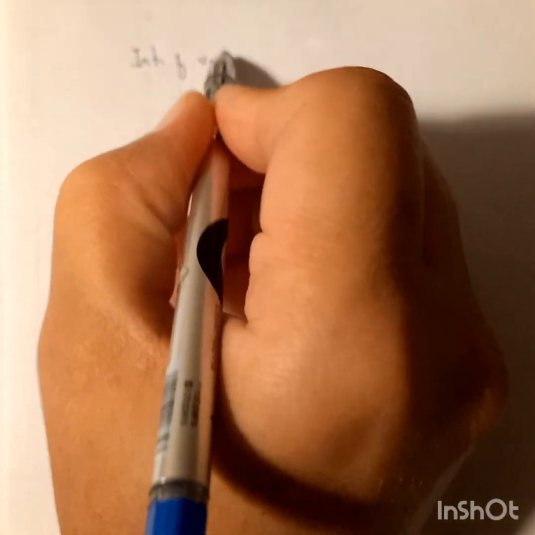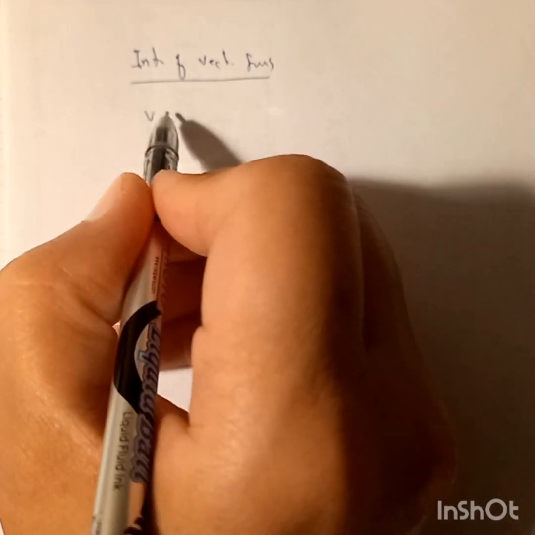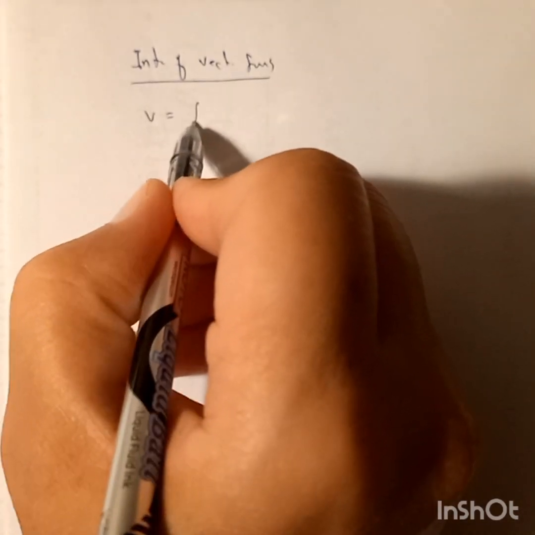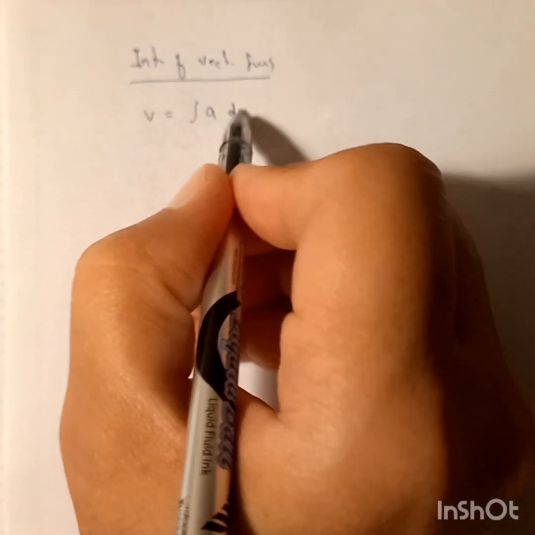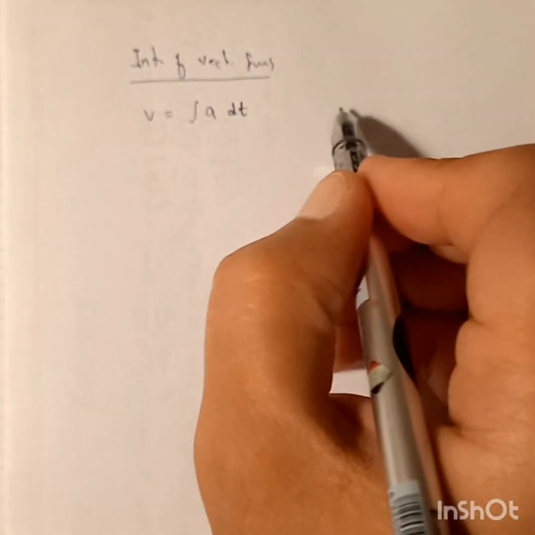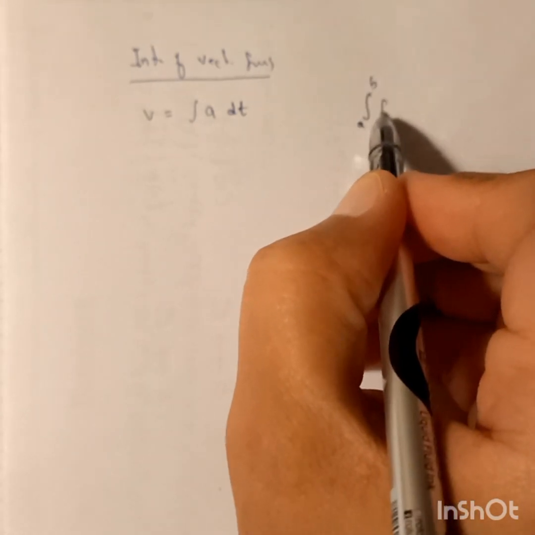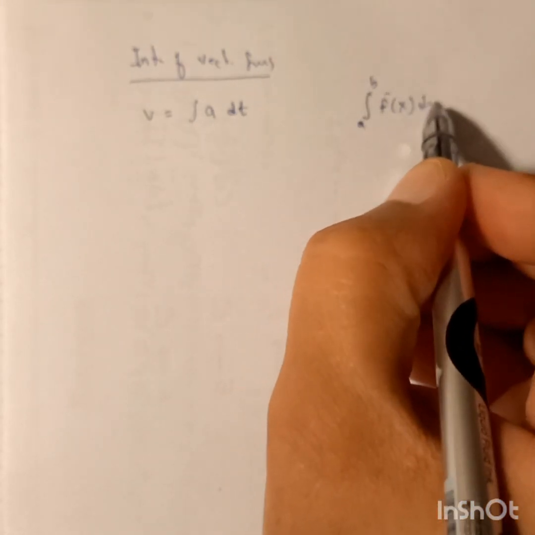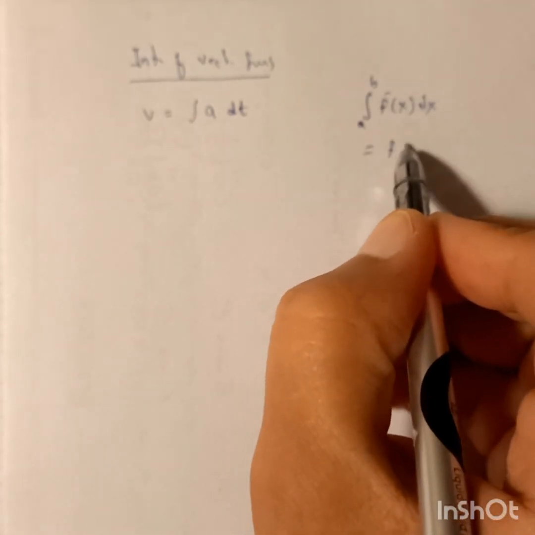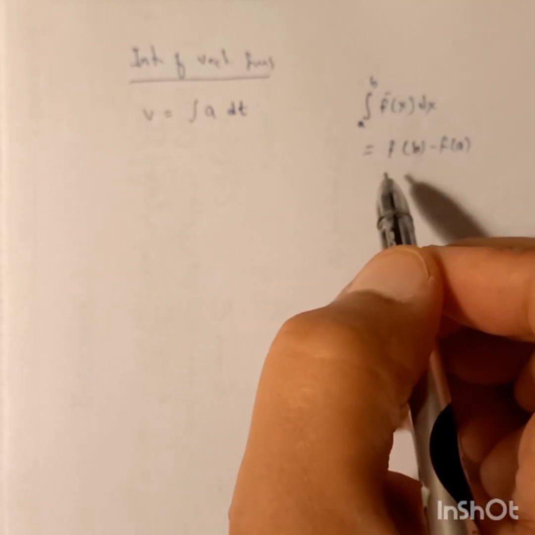Now we'll move to the integration of vector function. Here we have the velocity v equals the integral of a dt. As we know, the definite integral from a to b of f dash of x dx equals f of b minus f of a. This is called the definite integral.